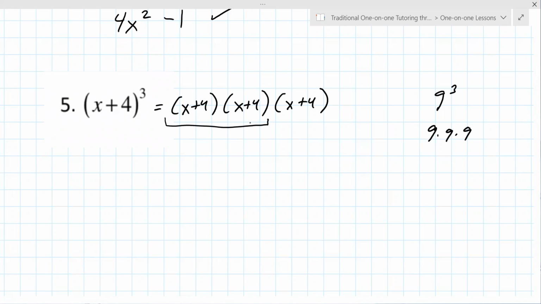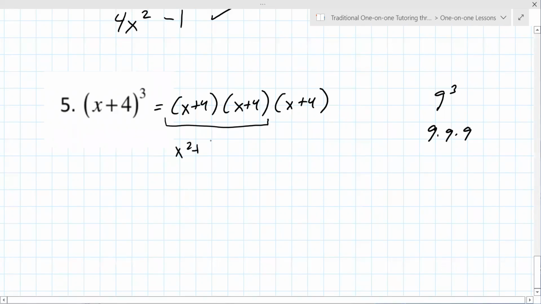So x squared plus 8x plus 16. Yes, perfect. Now you bring the last x plus 4 down, and you take each of the ones on the left and multiply on the right.